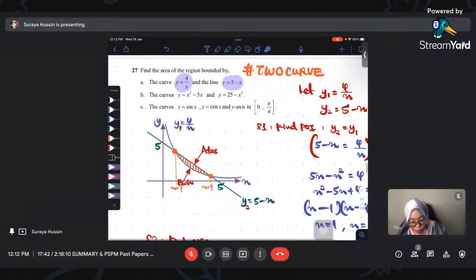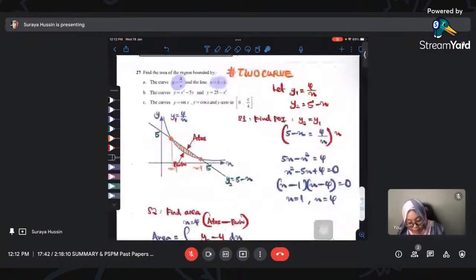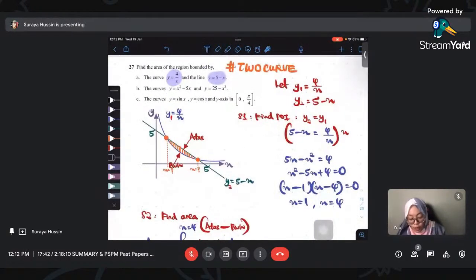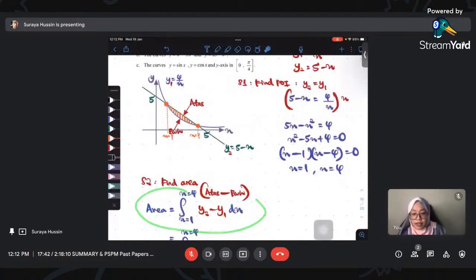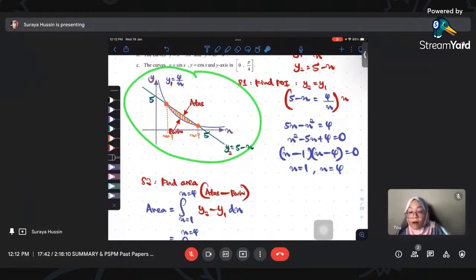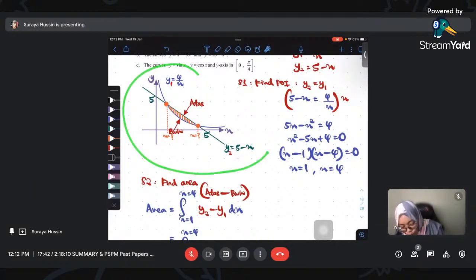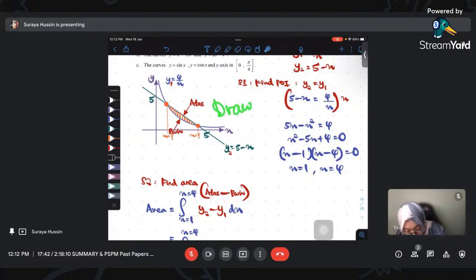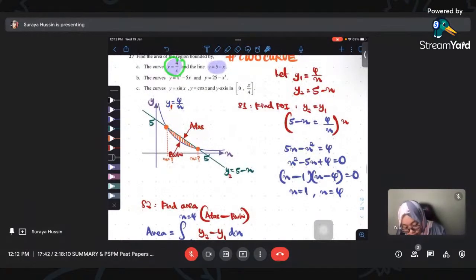Tapi sebelum nak pergi kepada formula ni, you must always, we always have to draw first, to draw the graph that having two curve. Okay, so the first curve is reciprocal.